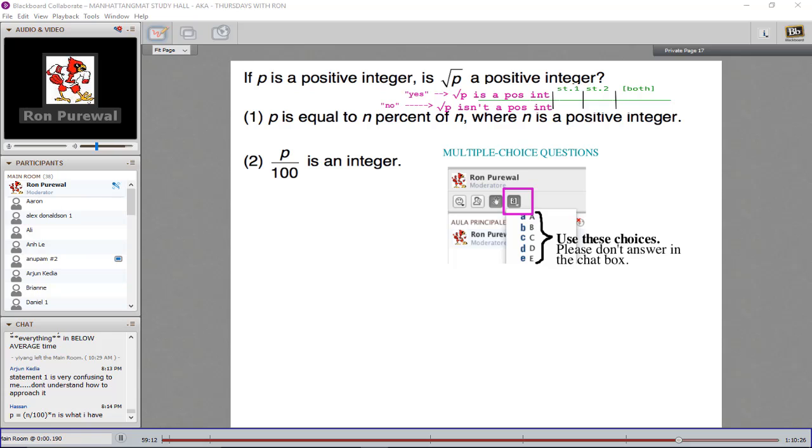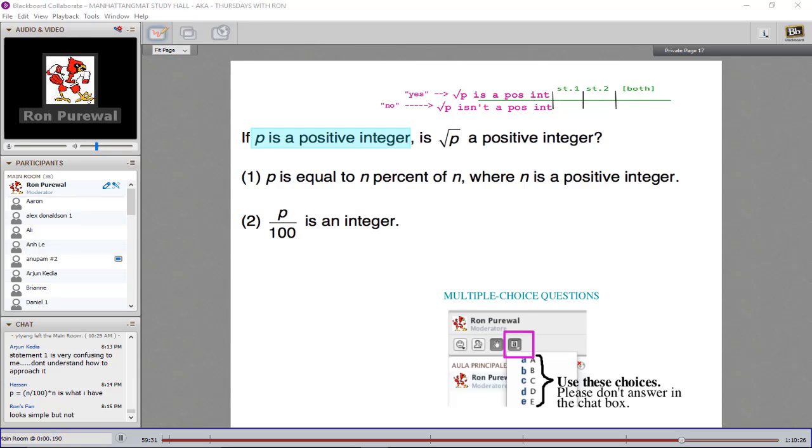Also, don't forget the stuff that's in the question prompt as far as conditions go. Like if you have something after the word if, that's another given fact, and you have to use it. So don't forget that. It's a thing.